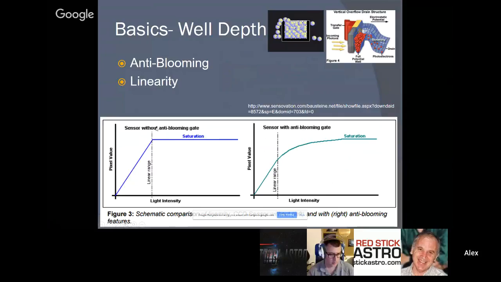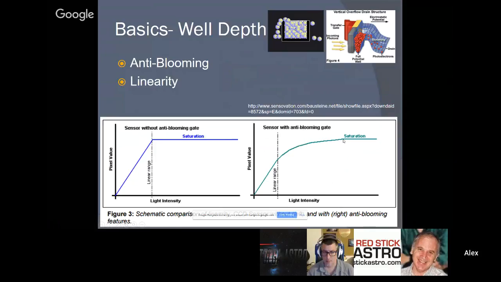Now, this is with an anti-blooming gate. If you have a blooming gate, however, as it keeps increasing, at some point it changes the way it's increasing. It's not increasing as quickly anymore up here.